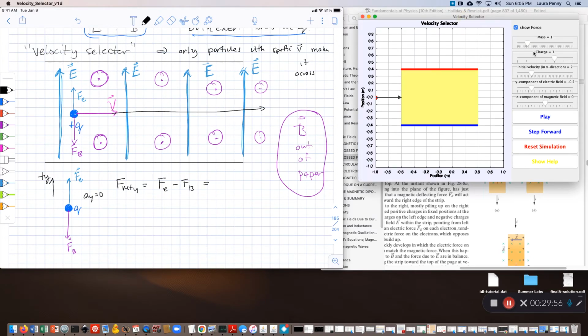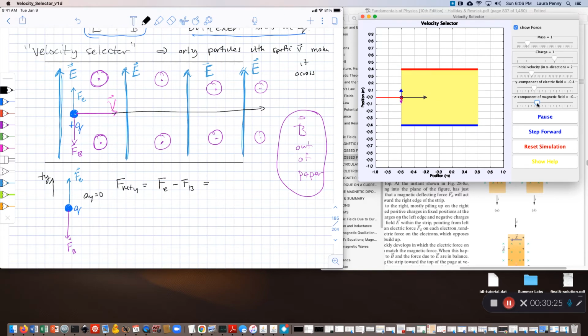Let's see if I actually have, here's a velocity selector. So here's a charge, and see here it's actually falling down. So I don't want that. So I'm gonna change my electric field a little bit and see if that helps. Actually, it doesn't have a magnetic field, which is part of our problem. So here it's actually showing me the strength of my magnetic field is going up on this one, and the electric field is going down. That magnetic field is too strong.